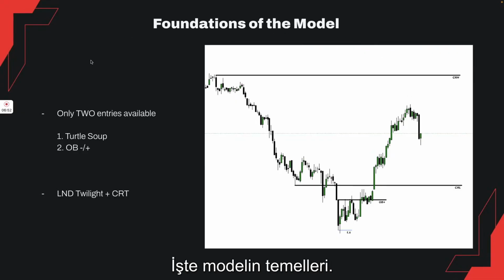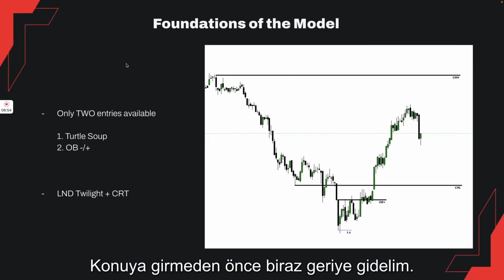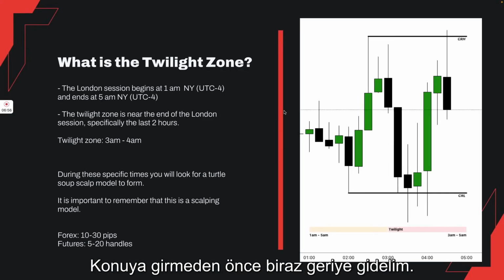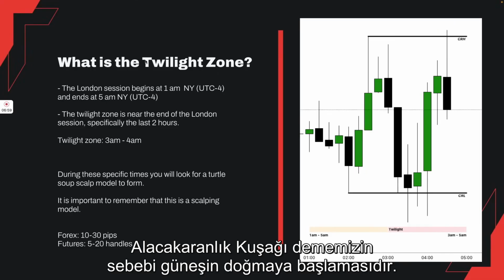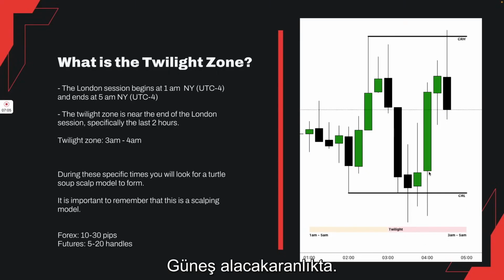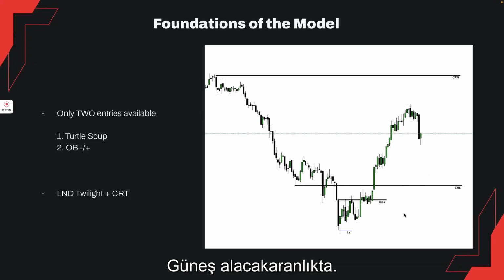So the foundations of the model. Before I get into it, let's just go back. The reason why we call it the Twilight Zone is because the sun is beginning to rise. The sun is in twilight. All right? Now, the foundations.